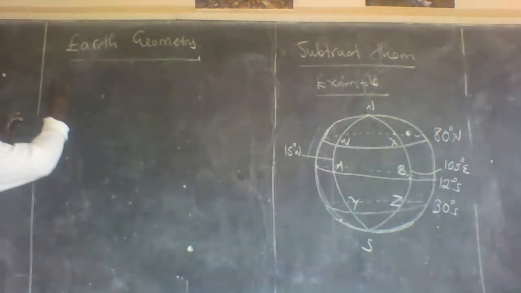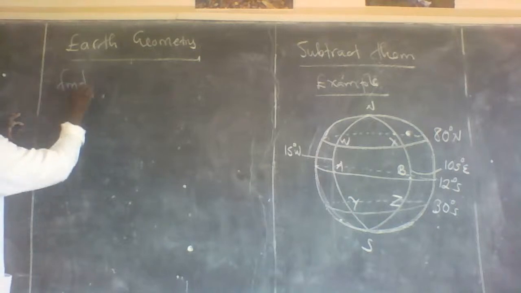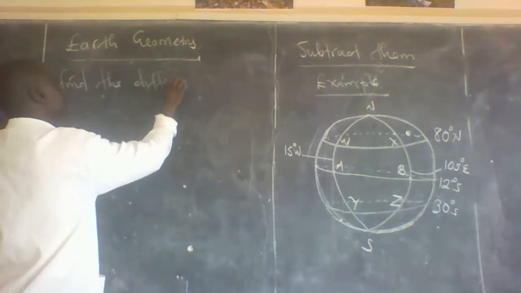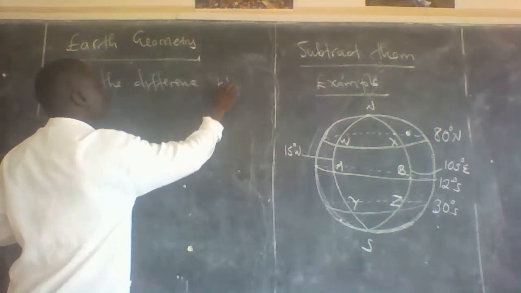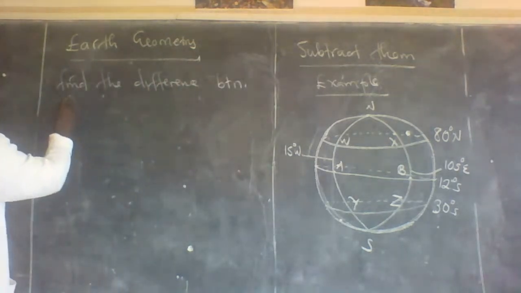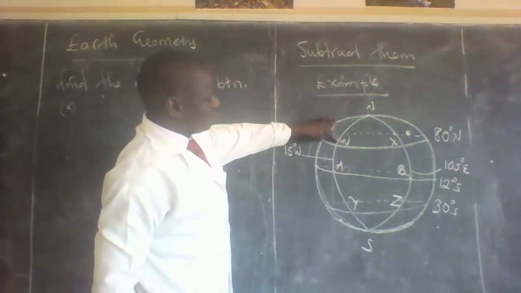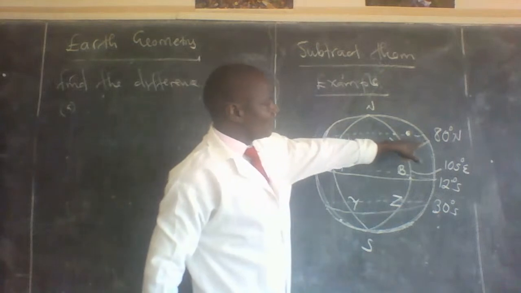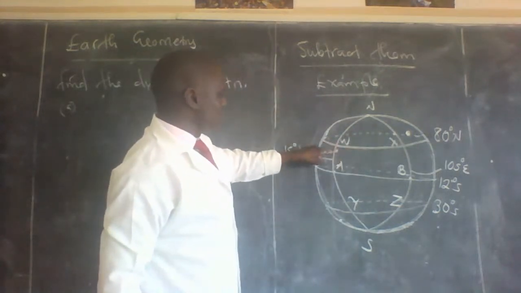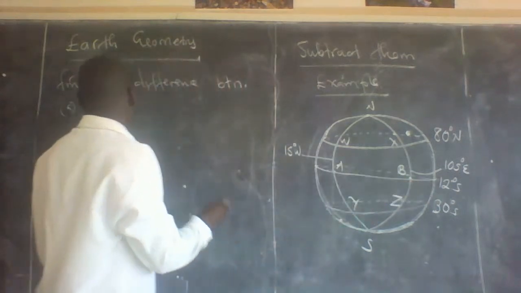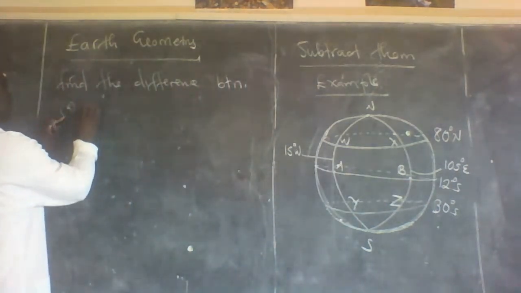So now we say find the difference between W, which is on the northern hemisphere, and A, which is on the southern hemisphere.